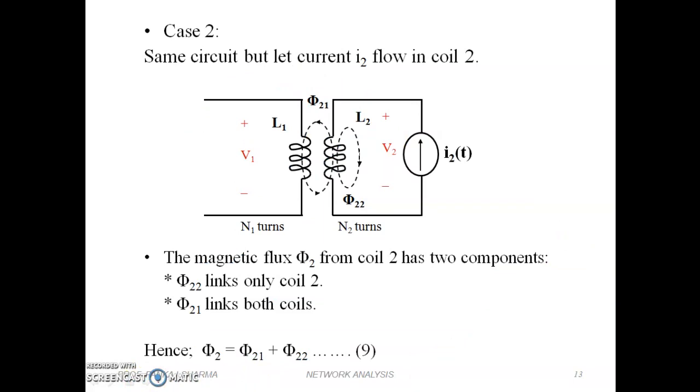Let us go towards case number 2, which is the same circuit but let current I2 flow in coil 2. Coil number 2 has been energized, or current I2 has been made to flow into the circuit as shown.